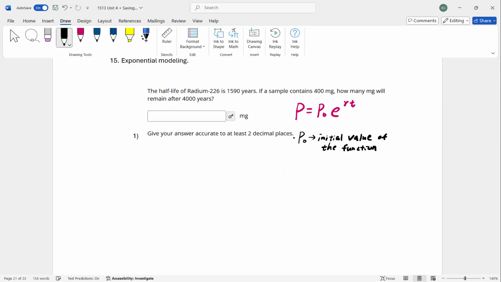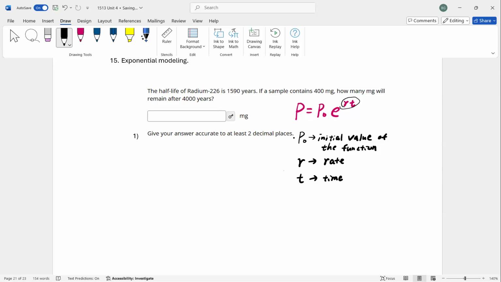We know e is the Euler number, around 2.7. And r is the rate. Normally it will tell you. t here is time. And P here is the function. P equals P sub 0 times e to the power of rt. rt here is on the shoulder of e.